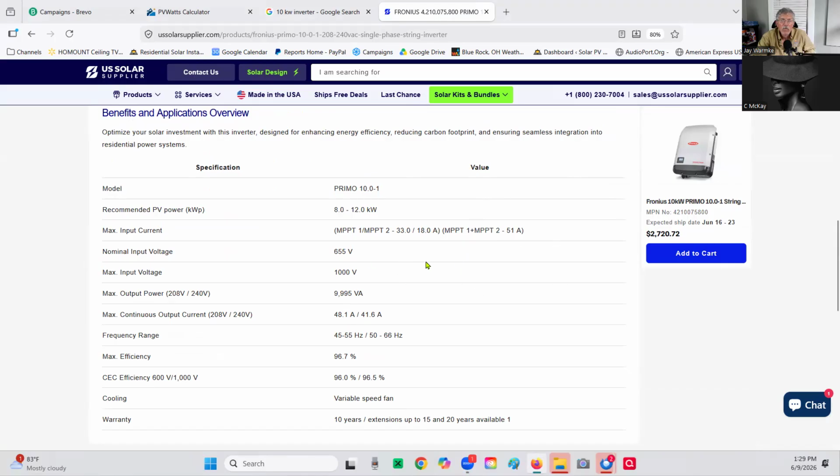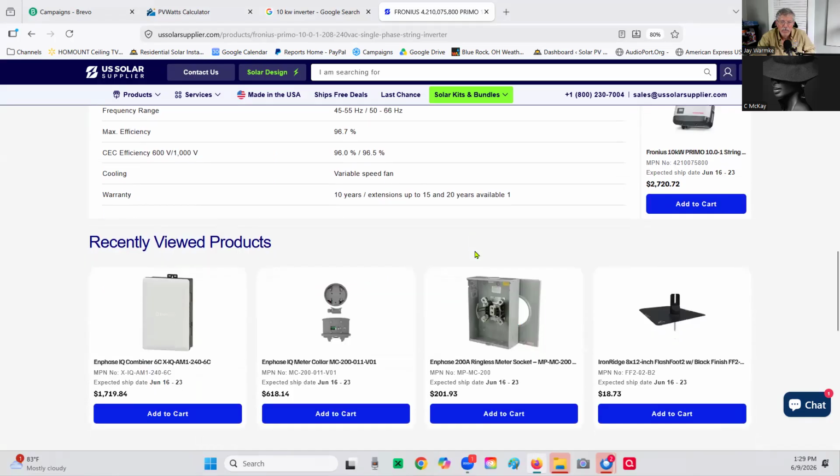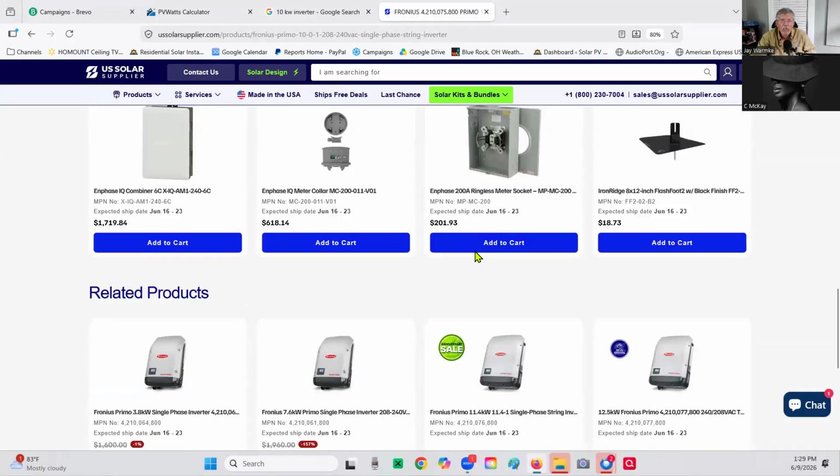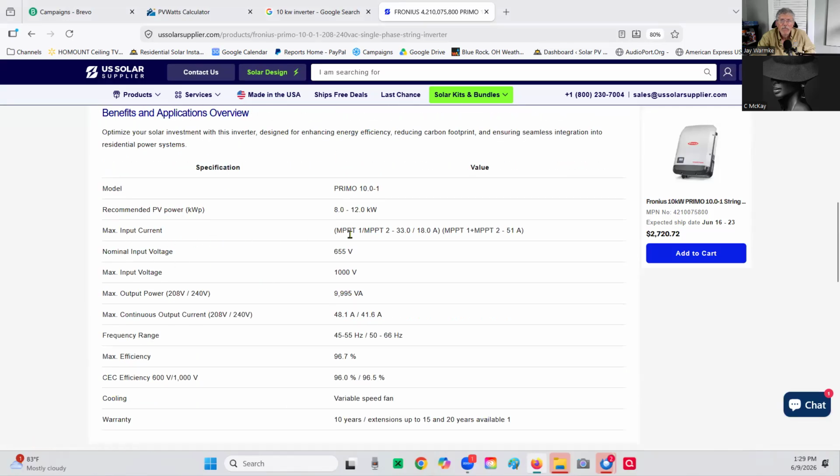All right, so we already factored in the percentage loss. I said it was 98%. It looks like it's going to be closer to 96%. So we might have to derate a little bit more there. But at this moment, I want to see what is the maximum input voltage.